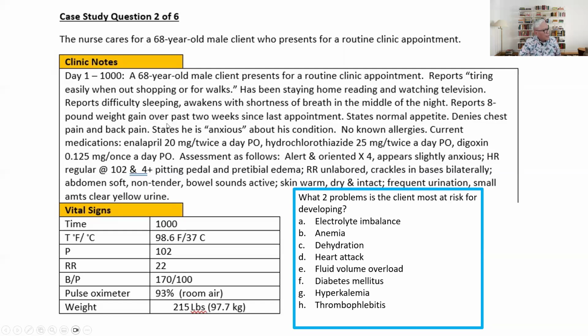Reports 8-pound weight gain, normal appetite, and the medications are enalapril, your ACE inhibitor, hydrochlorothiazide, a diuretic, your digoxin, and of course the signs and symptoms that we have seen earlier. So we're being asked to determine which two problems the patient is most at risk for.